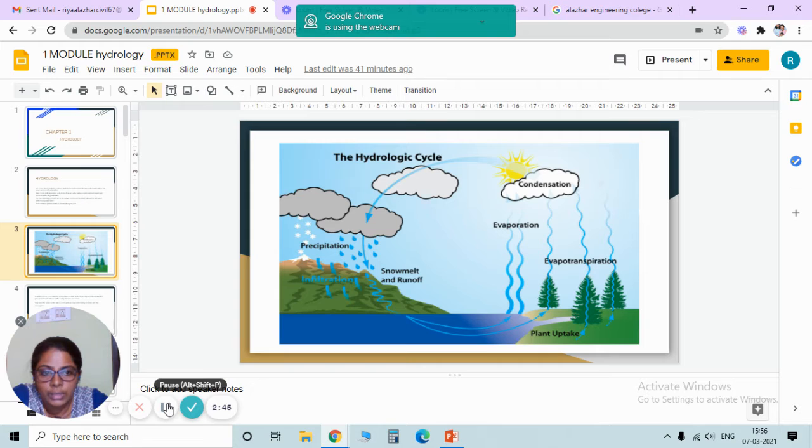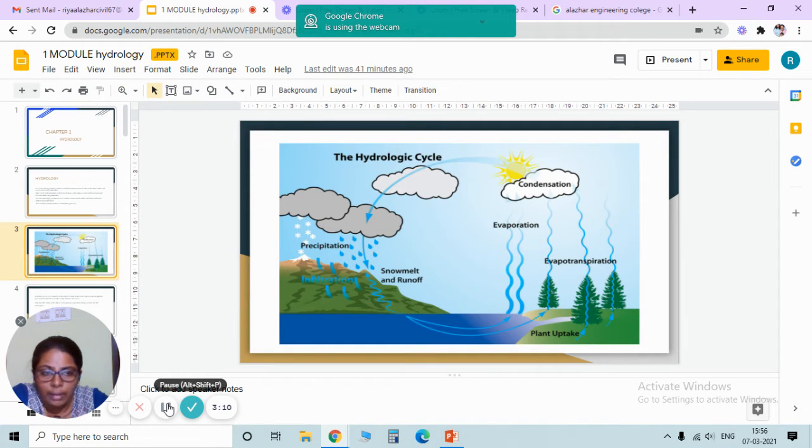In photosynthesis, there's transpiration. The water present in the tree is emitted through the pores of the tree leaves. So that is transpiration, and the term evapotranspiration means evaporation and transpiration. So the water molecules which evaporated from the Earth's surface move to the atmosphere and form a cloud there.